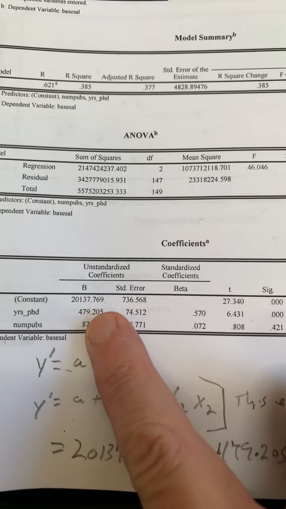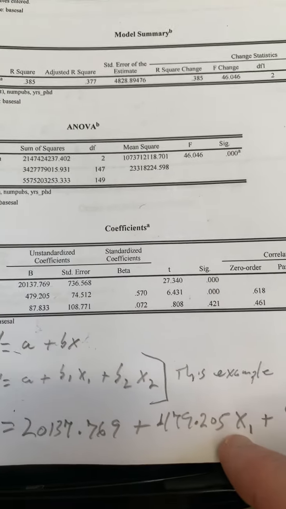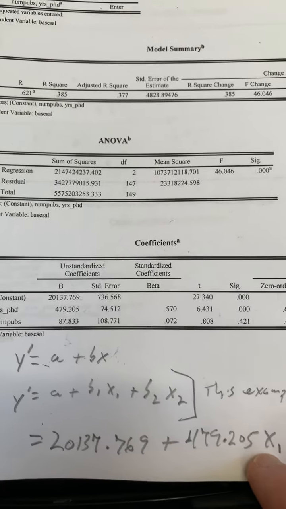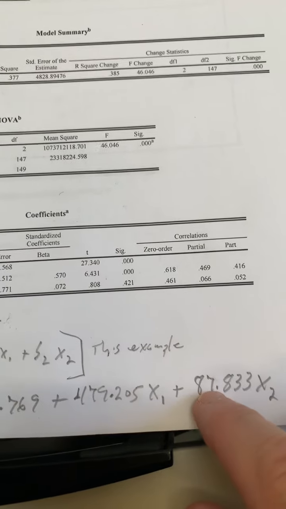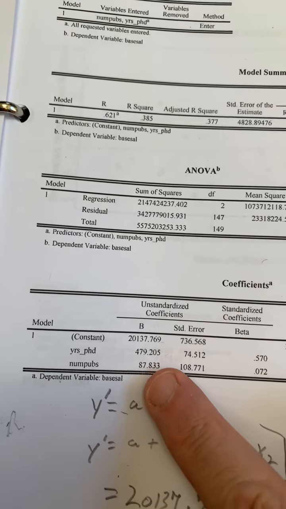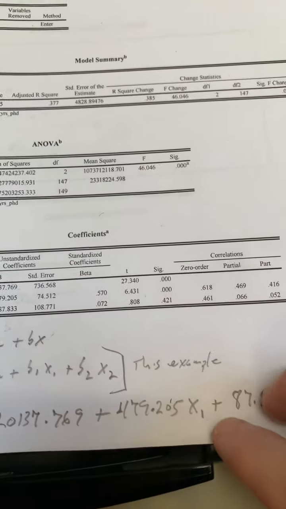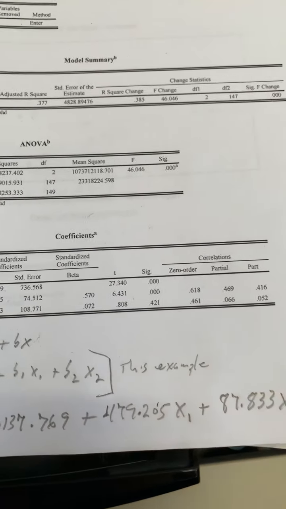That's the regression weight, or the slope, for years since PhD, multiplied by x1, and I haven't given that a value yet. And then plus 87.833, which is pulled from here, and that is multiplied by a value for x2.